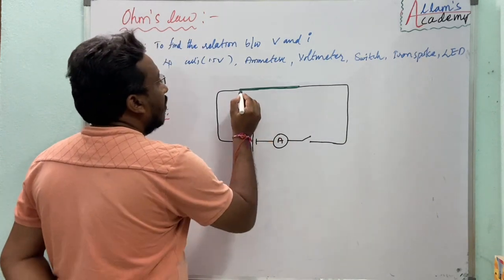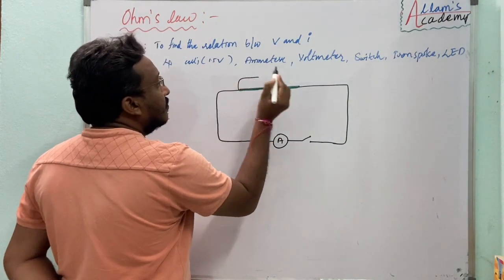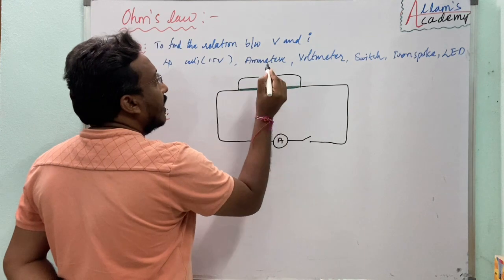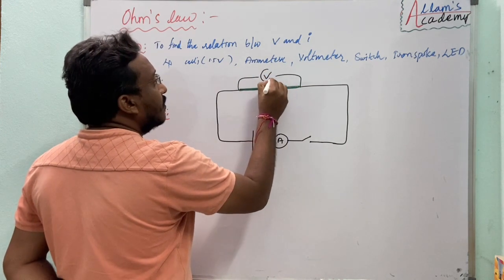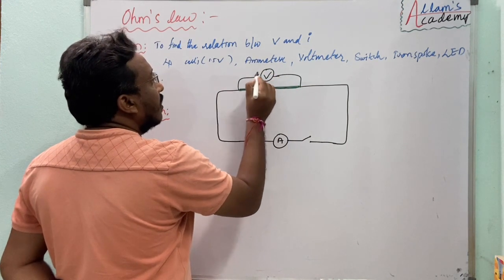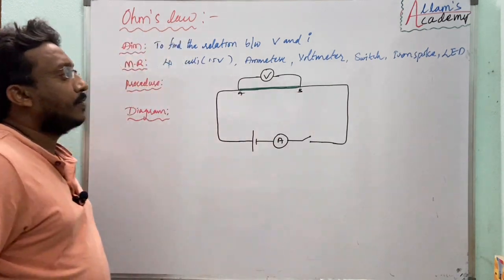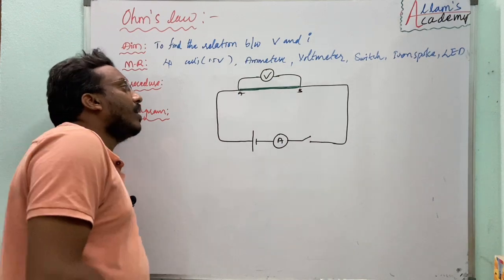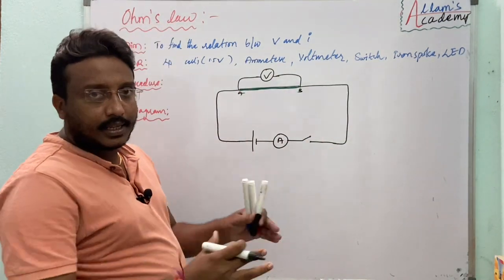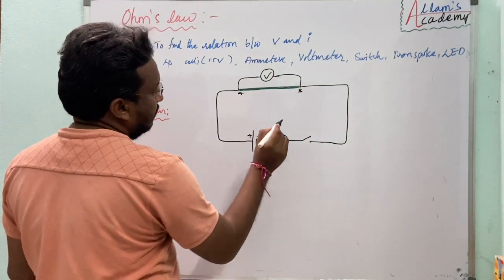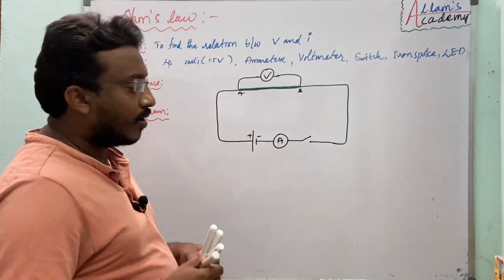And arrange, connect the voltmeter across the 2 points A and B. This is the way we have to complete the circuit, right?